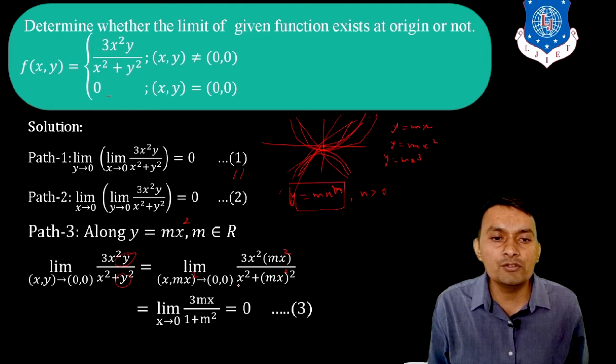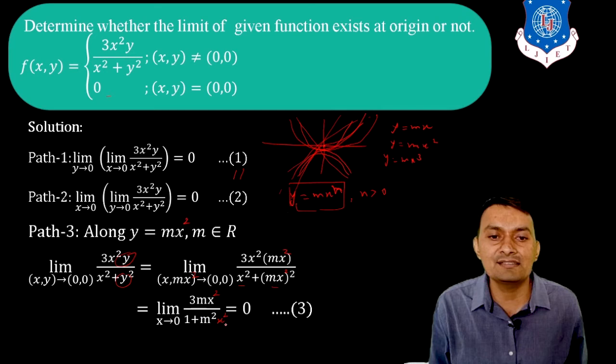Here x square is the highest, so we take x square common. Still, what we get is mx square divided by 1 plus m square x square.